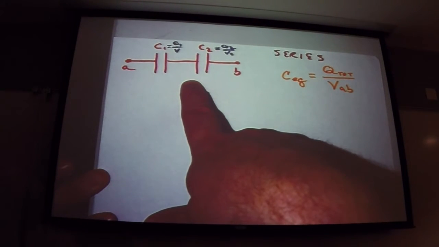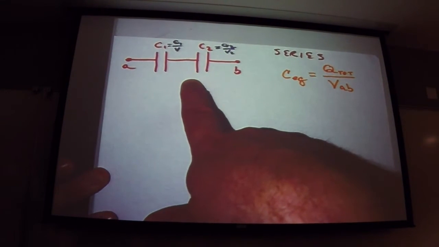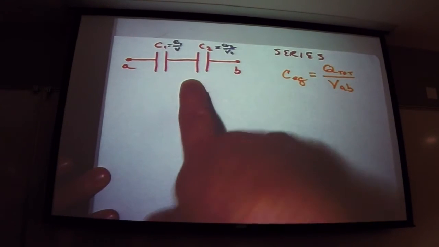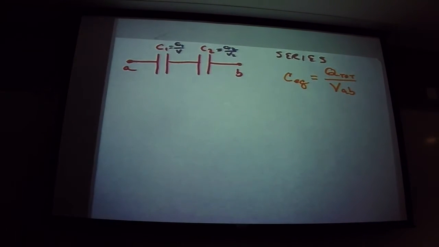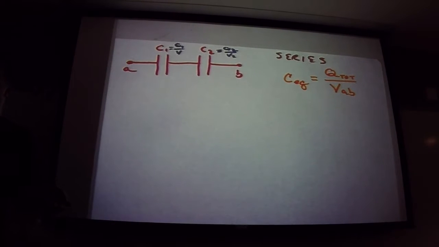Right? So the V total here is V1 plus V2. In series, voltages add. In other words, I have to climb this set of stairs and then I have to go up this elevator. The total height is the height of the stairs plus the height of the elevator. So in series, the voltage is that.